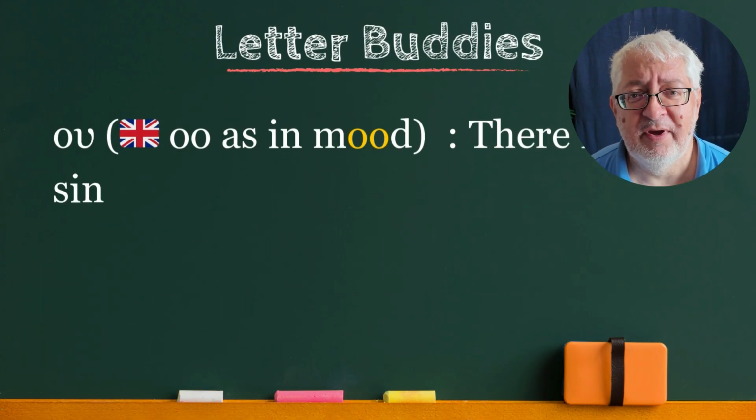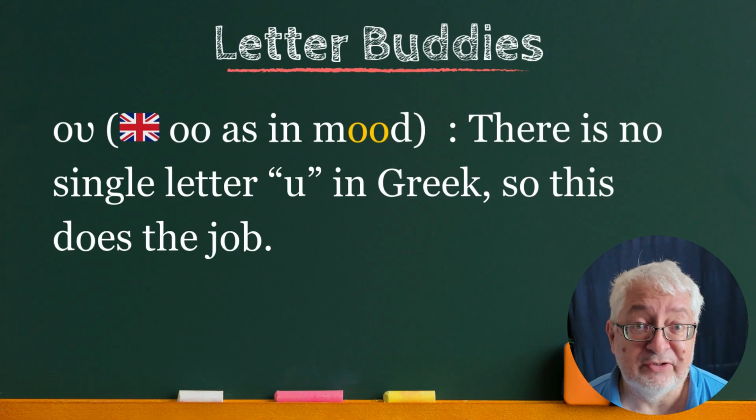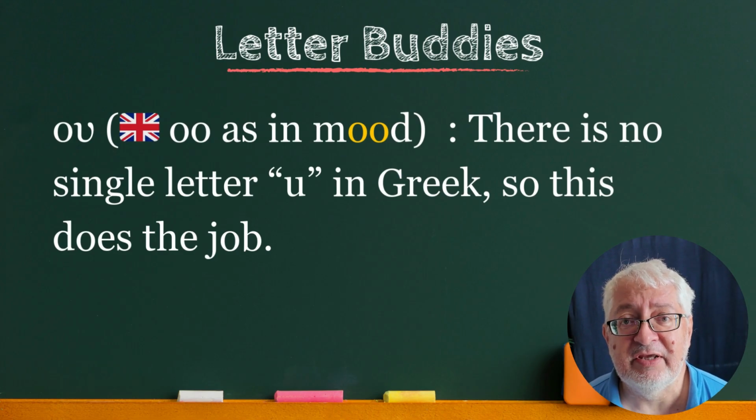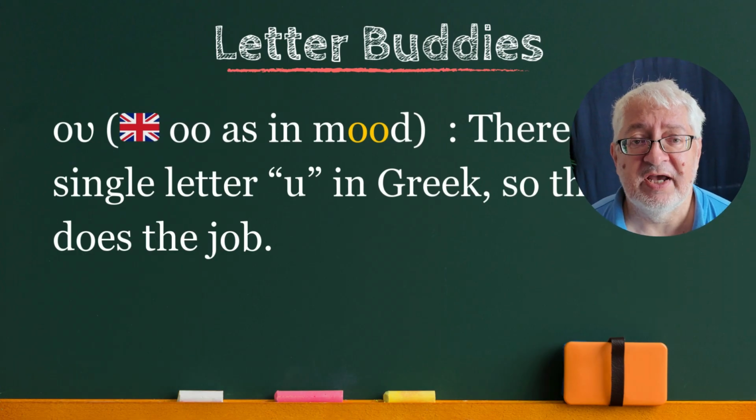Now we come to some vowel sounds. The U is the first one, an obvious thing that's missing in Greek, because there is no U, nothing that resembles the U. For example, the small y is an E sound. So we don't actually have a U sound.